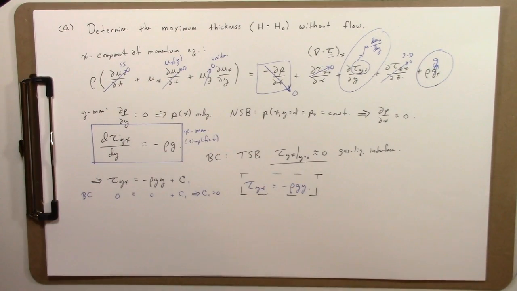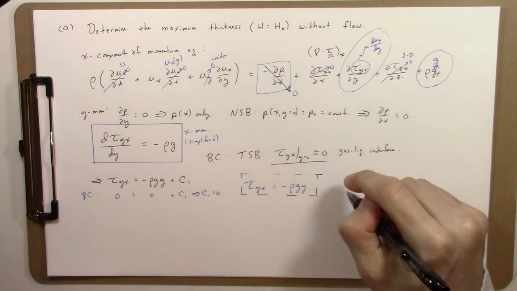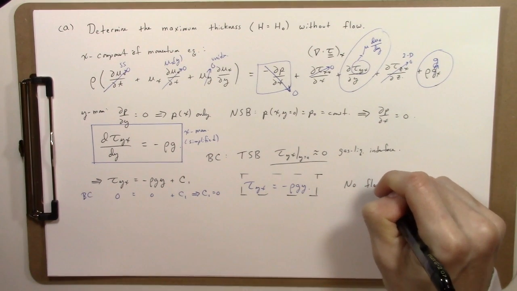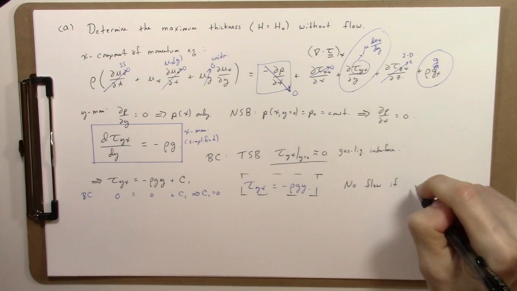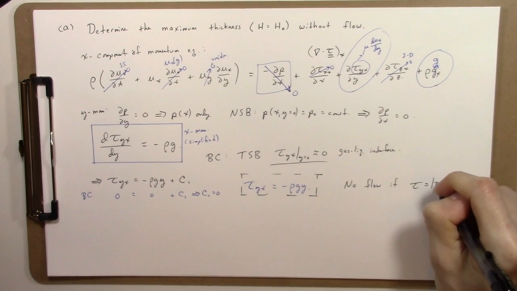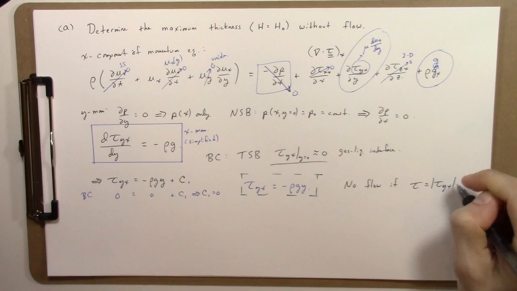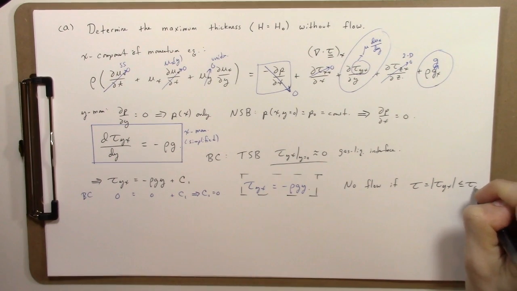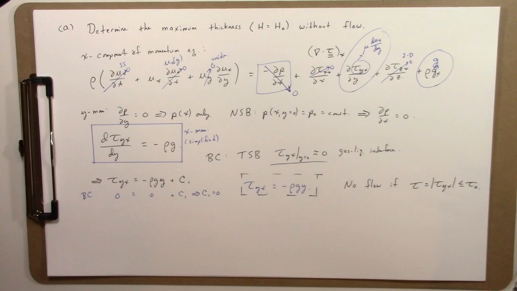So there's no flow if the absolute value of tau yx is less than or equal to tau naught. The maximum value of tau yx occurs at the wall, where y is equal to h naught.